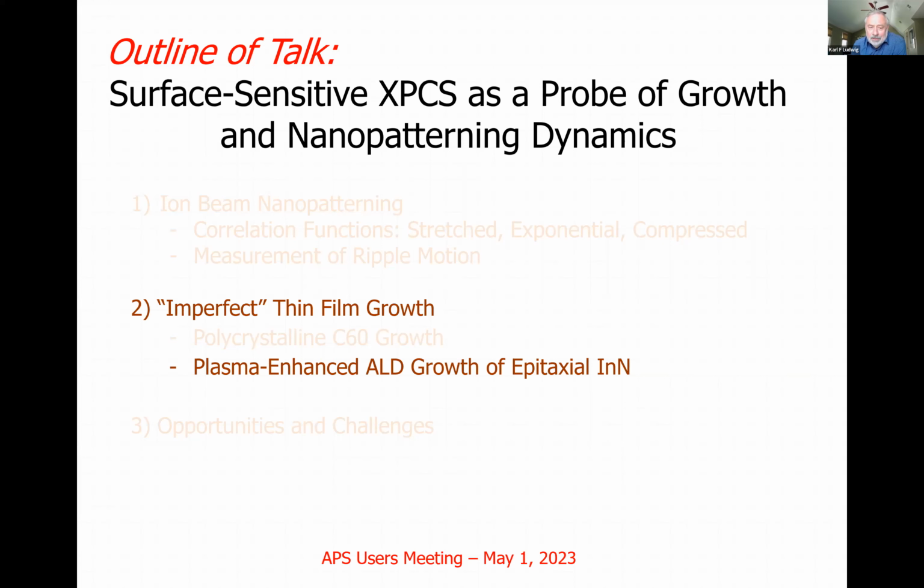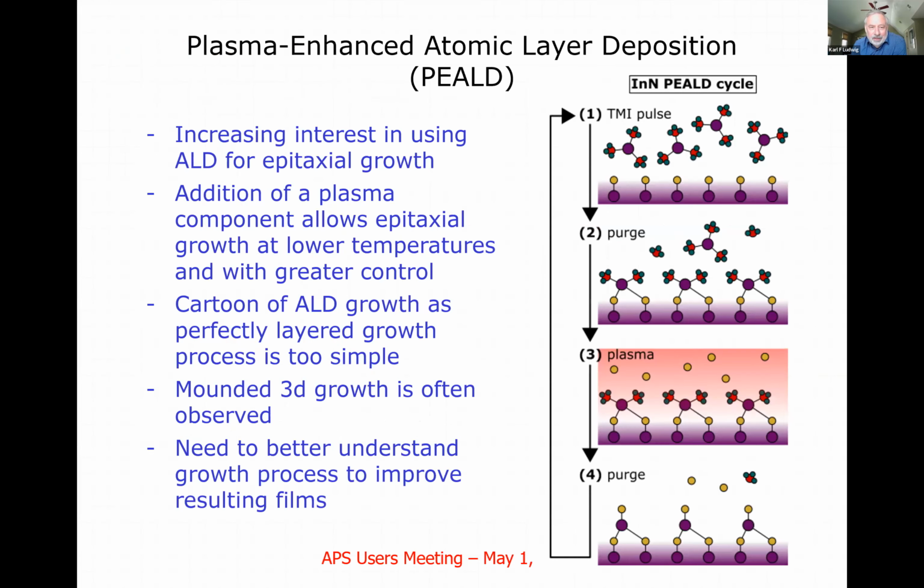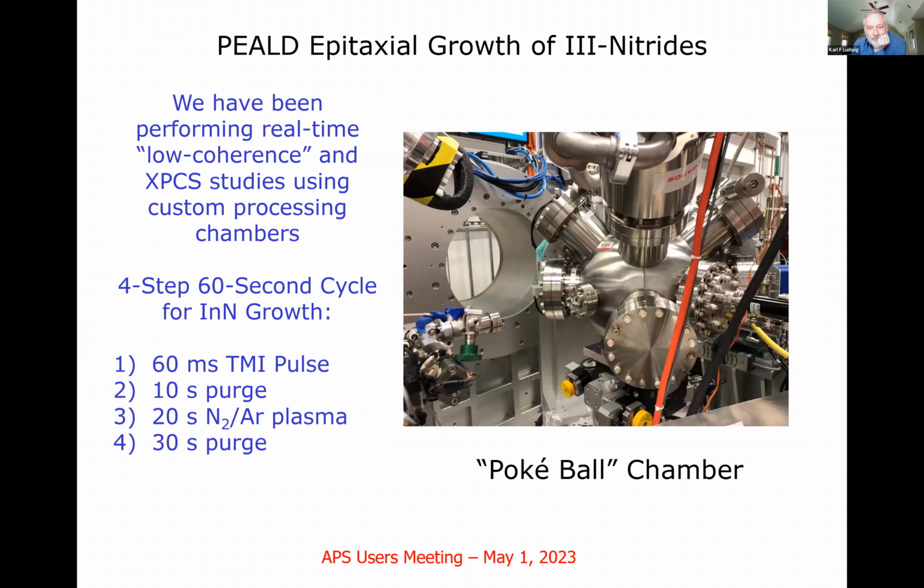So this is looking at plasma-enhanced ALD growth of epitaxial indium nitride. Of course, there continues to be widespread interest in ALD processes, highly conformal. You can nominally control things at the atomic level. You have these beautiful little cartoons that show the different processes that occur to create individual atomic layers.